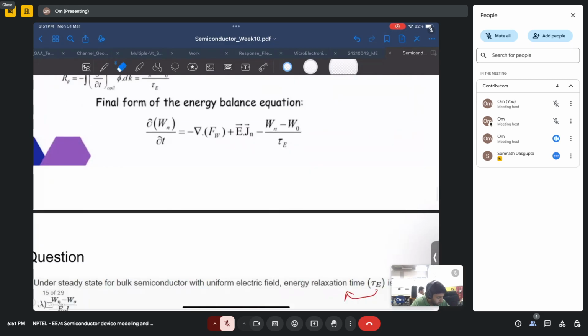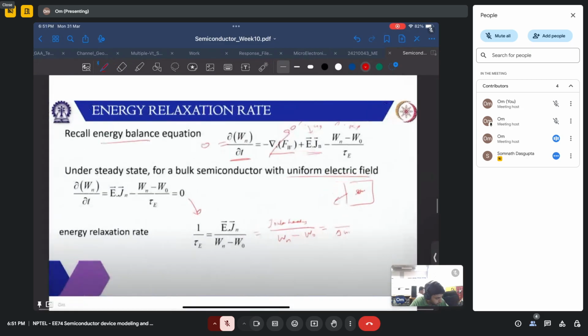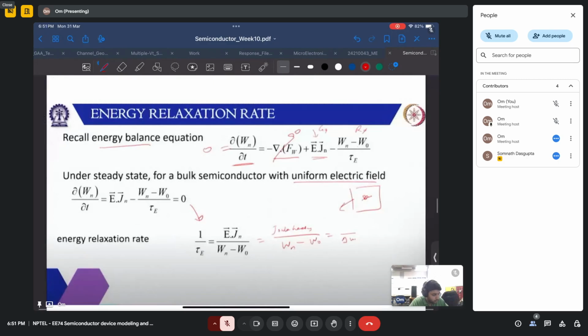We can see directly it is related to this energy balance equation, and under steady state, this del Wn by del t becomes 0, and the derivative term also becomes 0. So we have E j n equals Wn minus W0 by tau.